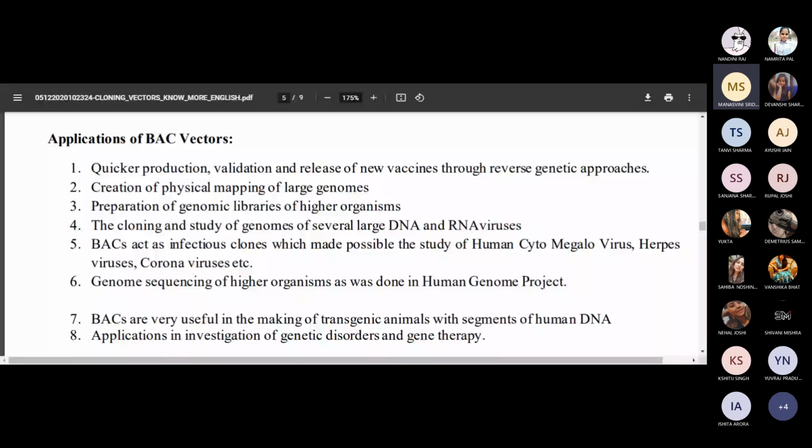Acting as infectious clones, which made possible the study of human cytomegalovirus, herpesviruses, and coronaviruses, etc. Genome sequencing of higher organisms was done in the Human Genome Project. BACs are very useful in making transgenic animals with segments of human DNA, and in applications in the investigation of genetic disorders and gene therapy. Okay, so these are a few applications of your BAC.